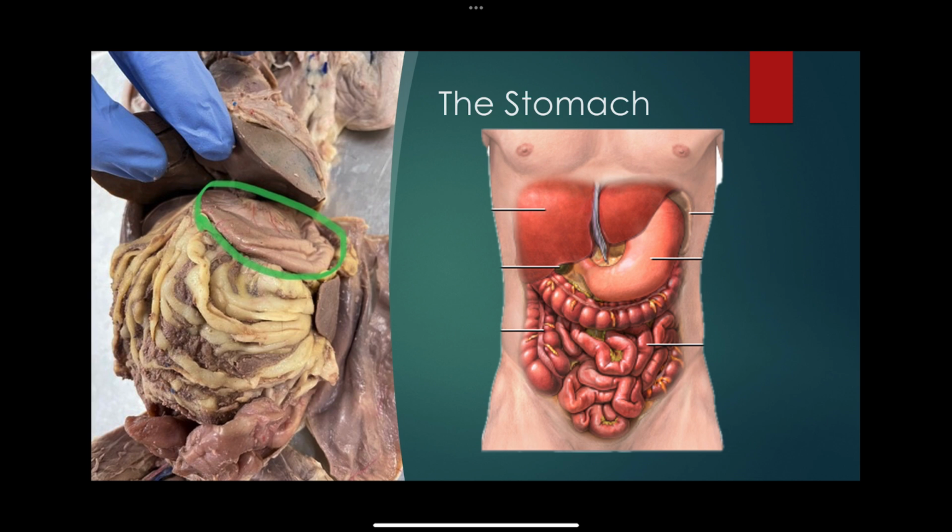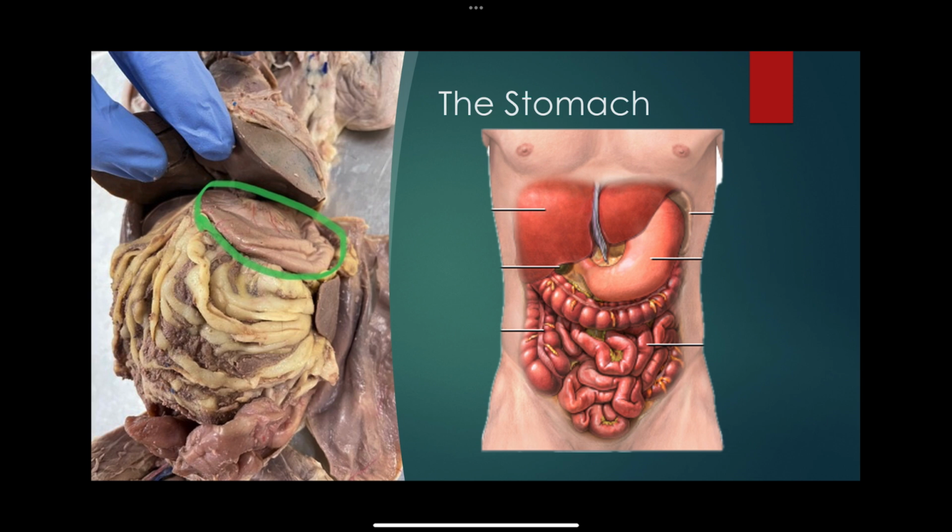The liver also has a lot of blood vessels going through it, as well as ducts. For example, right on this area, this lobe, more on the right section, would have the right hepatic duct going through, as well as a hepatic portal vein.